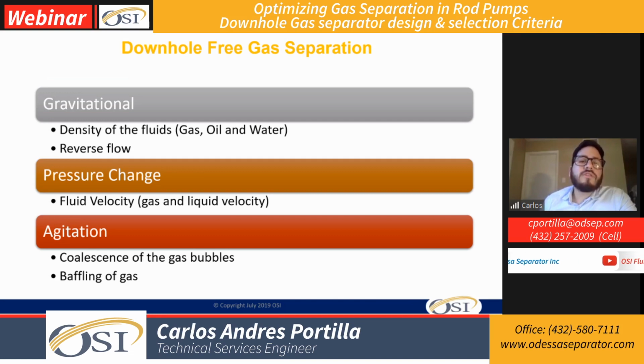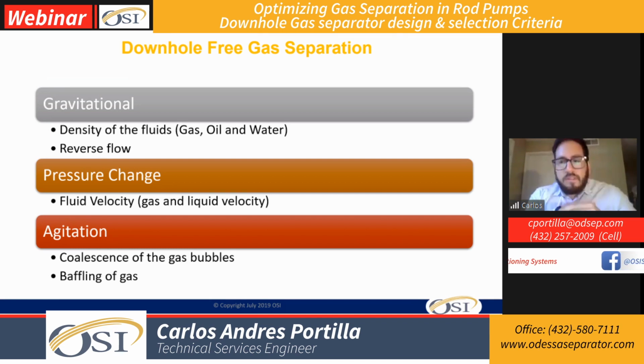And we say reverse flow, what we mean is that we're creating a flow path, an inner flow path, that helps us to separate that gas. So pressure changes, changes in fluid velocity and gas and liquid velocity, and then we have agitation, the coalescence of the gas bubbles, and baffling of gas.